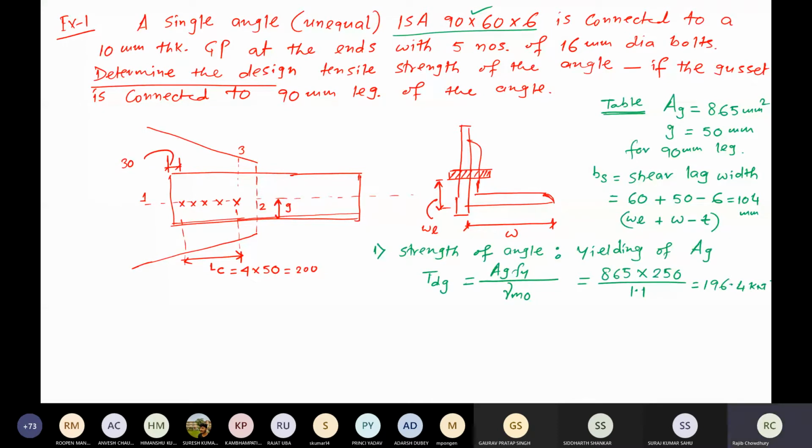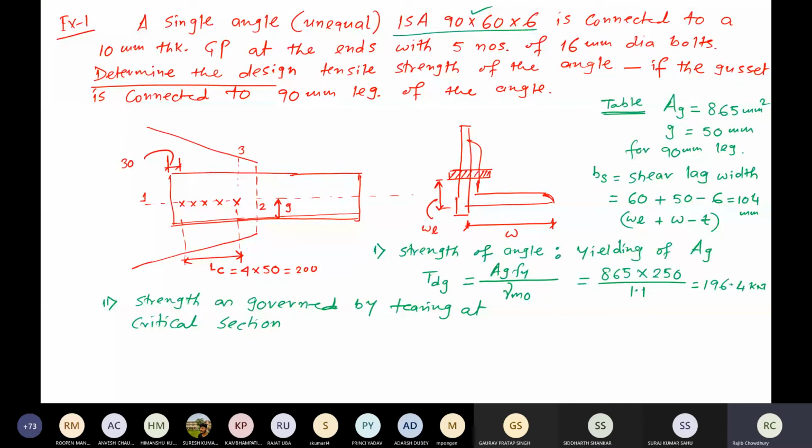Now, what is the next thing? The next thing is to evaluate the strength as governed by tearing or rupture at the critical section.